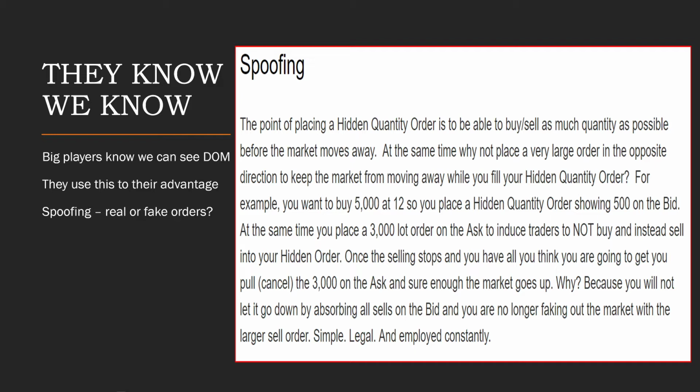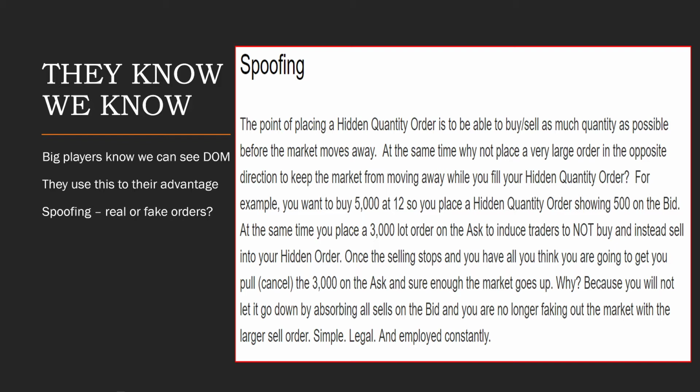So you place a hidden quantity order showing 500. All right, let's just make it 500,000. So you want to buy 500,000 shares at 12, but you're only showing 500. So that's your hidden order. But at the same time, you don't want the stock to go to 13. And so you're like, hey, I want to get this thing as close to 12 as possible.